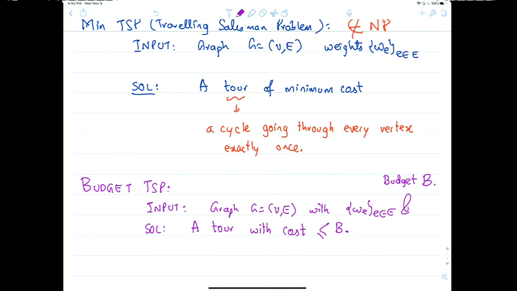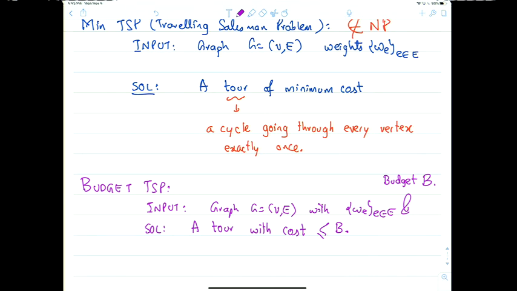Okay, but it's very closely related to min TSP in that, if you want to understand how difficult the problem is, you could say min TSP and budget TSP are roughly the same difficulty. I claim that if you can solve min TSP, you can solve budget TSP.